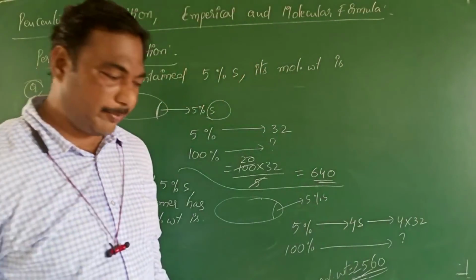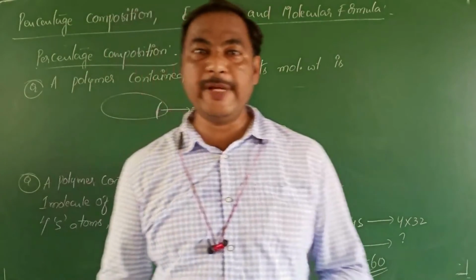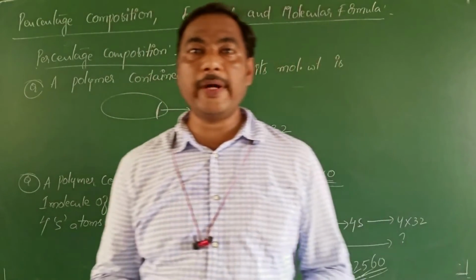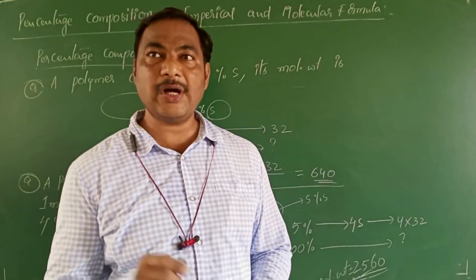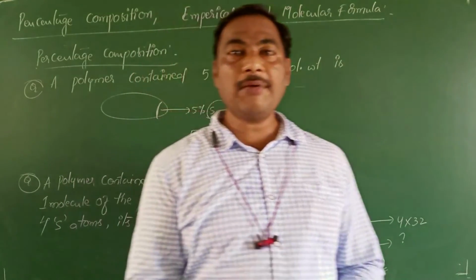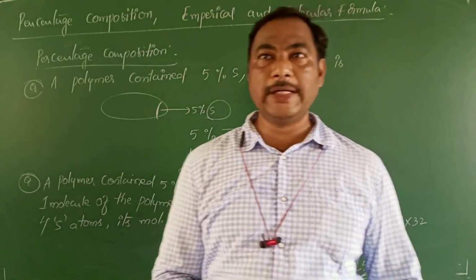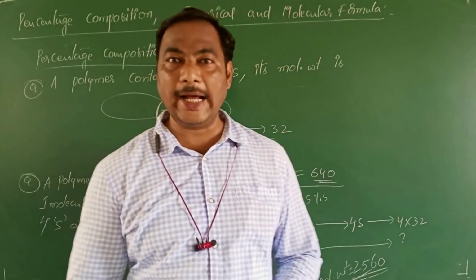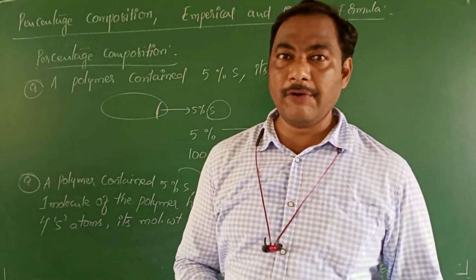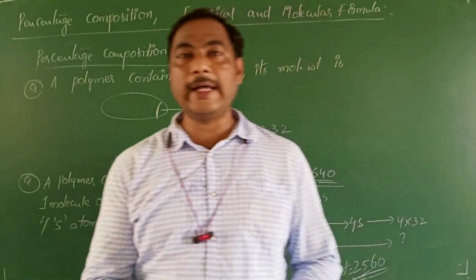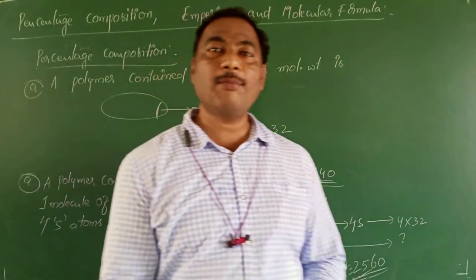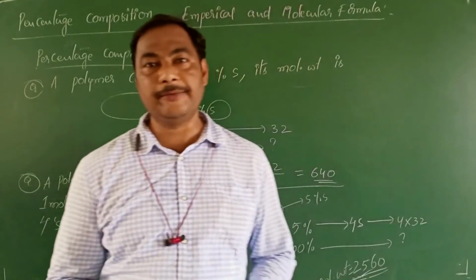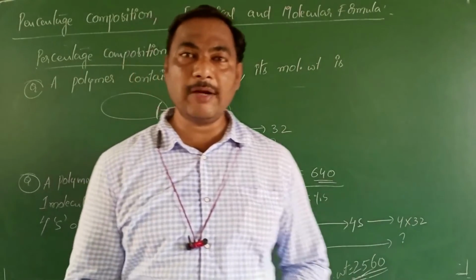Once again, I will repeat. Hemoglobin, Hb, contains 0.33% of iron. One molecule of hemoglobin contains 4 iron atoms. What is the molecular weight of hemoglobin?